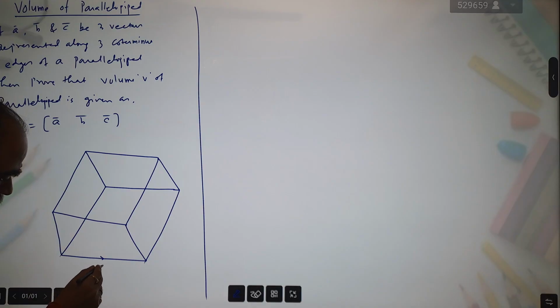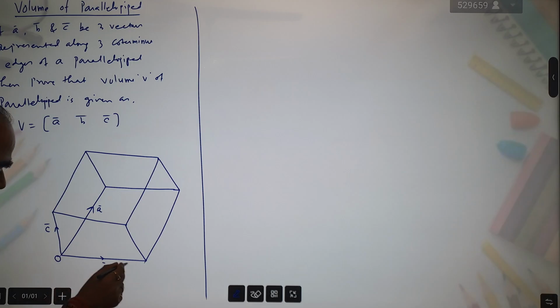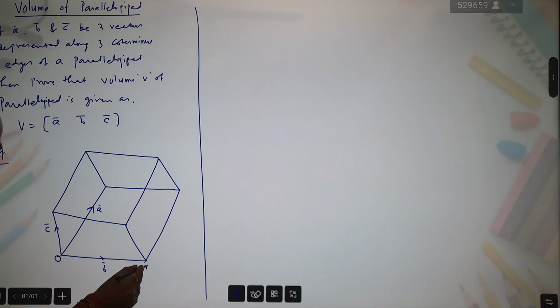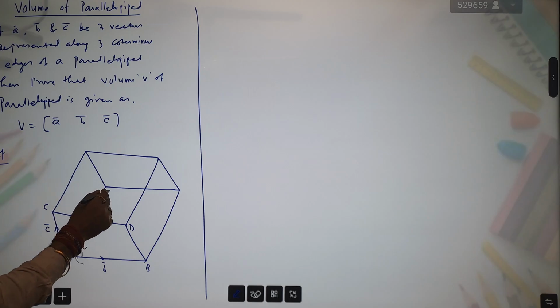This is B bar, this is C bar, and this is A bar. All the three vectors are coming out from one vertex, so they are known as concurrent. O, B, D, C is base plane, and this is A, OA bar.